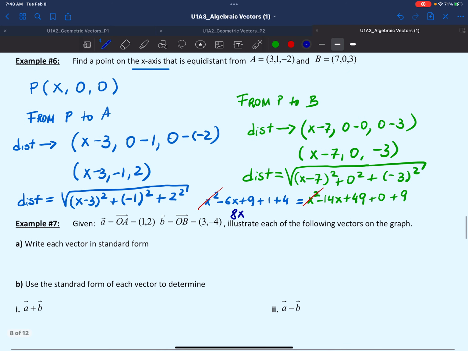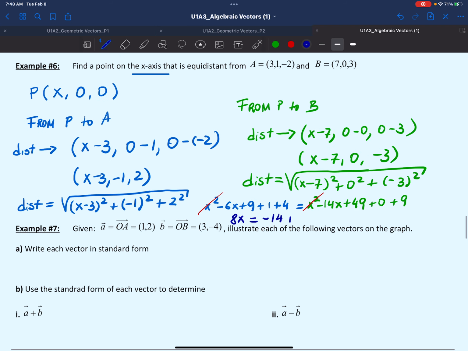And then I would take all the numbers to the other side. So here we have 9 plus 1 plus 4, that's a 14 that is going to the other side as a negative. And we also have 49 and 9 waiting here, which add up to 58. So we have 8x equals -14 plus 58, that's 44.